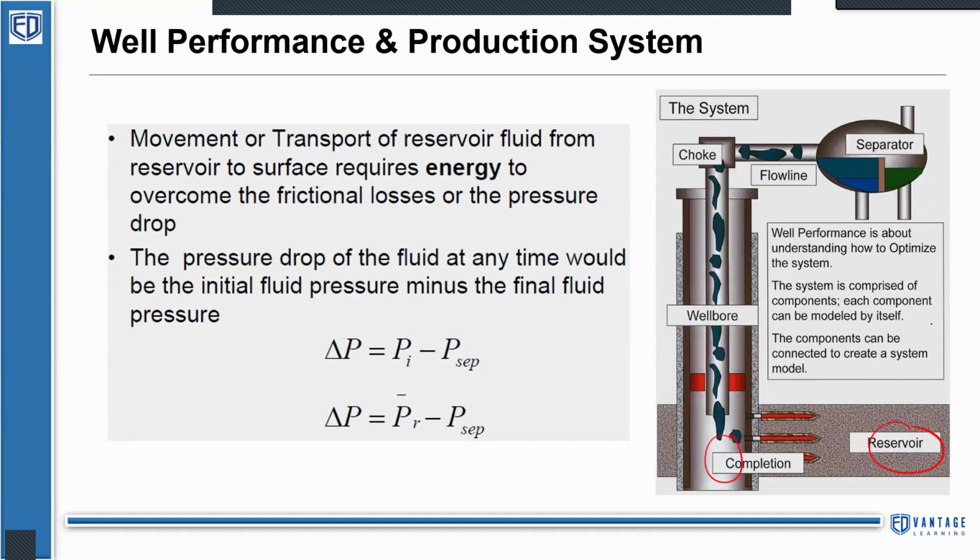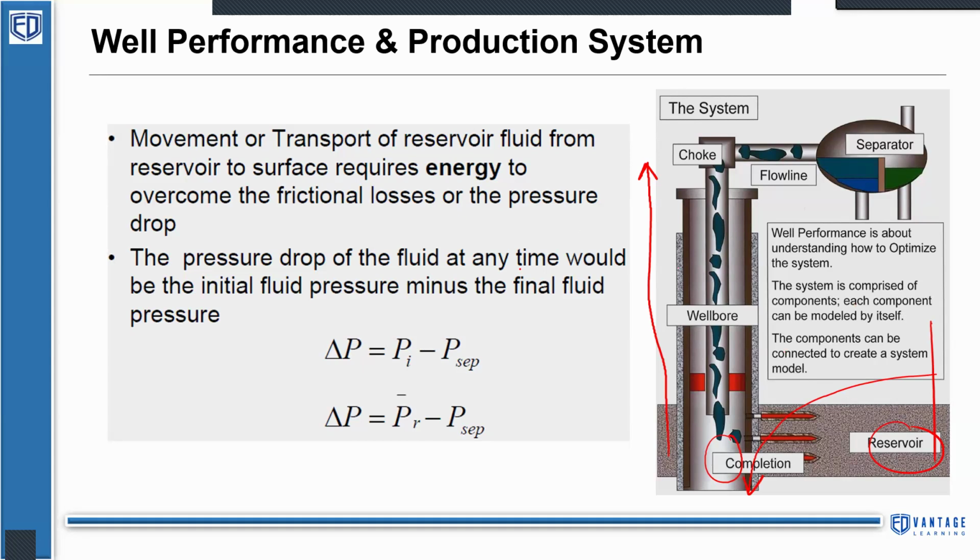If you look at the pressure profile, it will be something like this, the pressure drop. But from the bottom hole, you need to bring the entire fluid to the surface. If there is not enough energy at the bottom hole, we need to go for artificial lift. Even that can be understood by nodal analysis during production optimization.